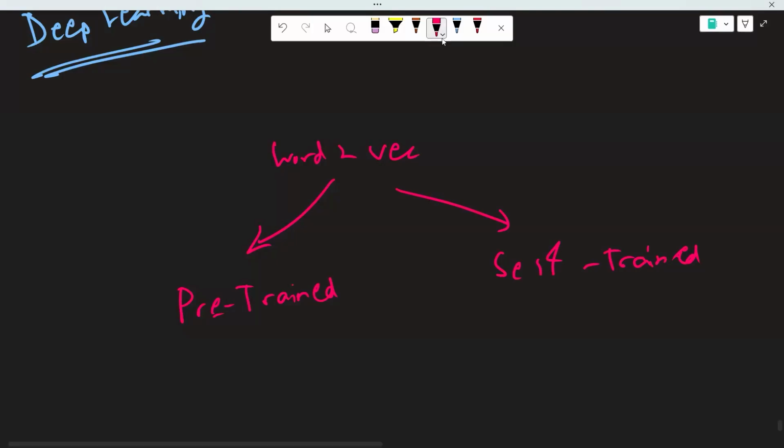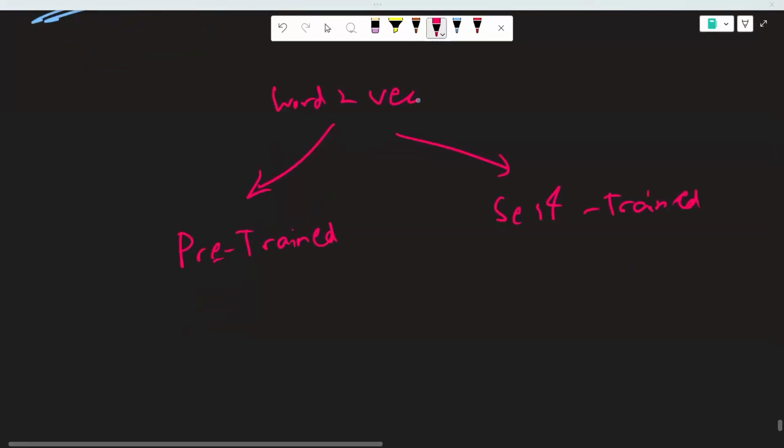Okay. Have you guys worked on any pre-trained model until now, in deep learning or in machine learning? Have you seen anything like that? No? Okay. So pre-trained model means, as the name says, that it is already trained.